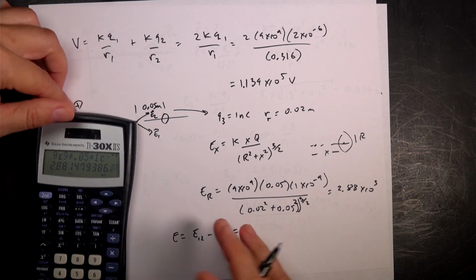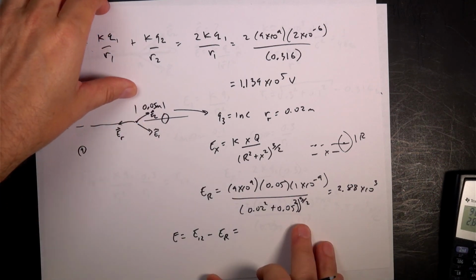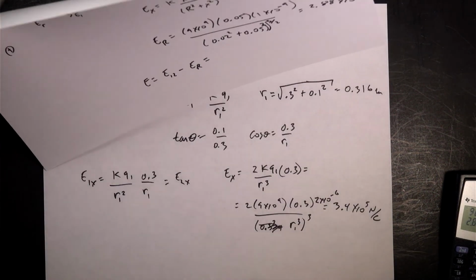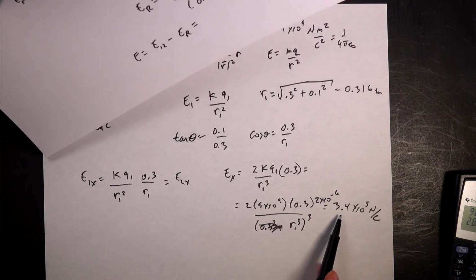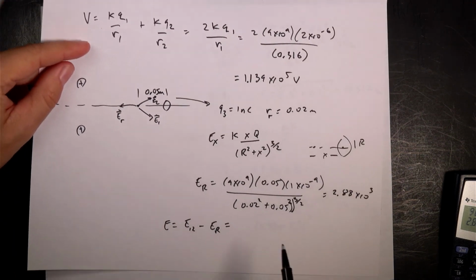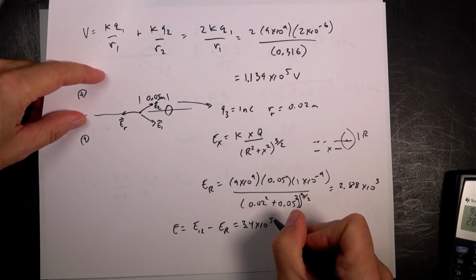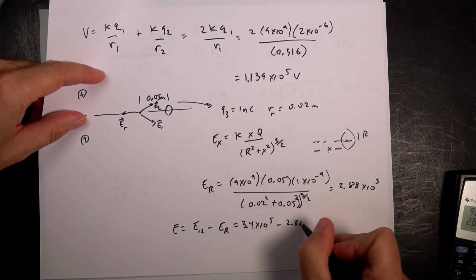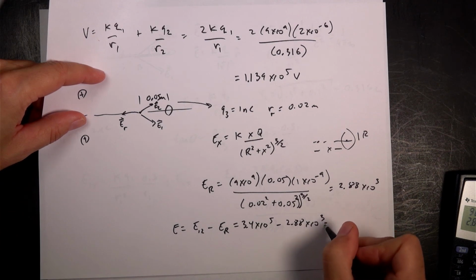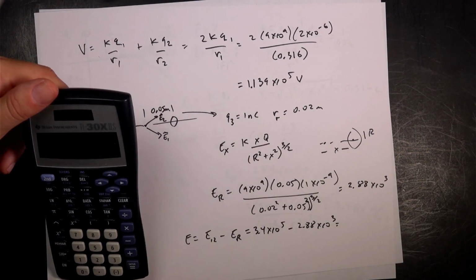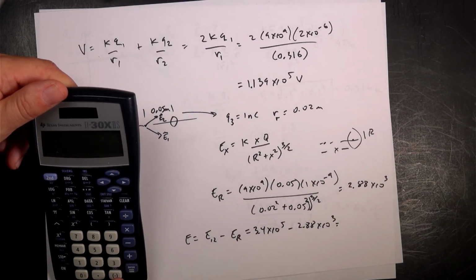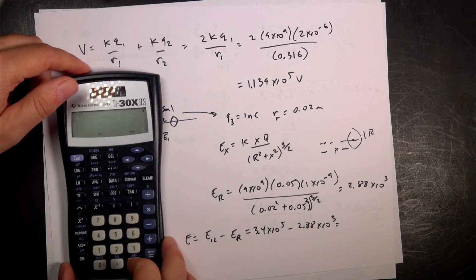So if I use my value from before, which is 3.4 times 10 to the 5th, it's going to be 3.4 times 10 to the 5th minus 2.88 times 10 to the 3rd. Can I just do minus? No. I'm not very good with calculators.